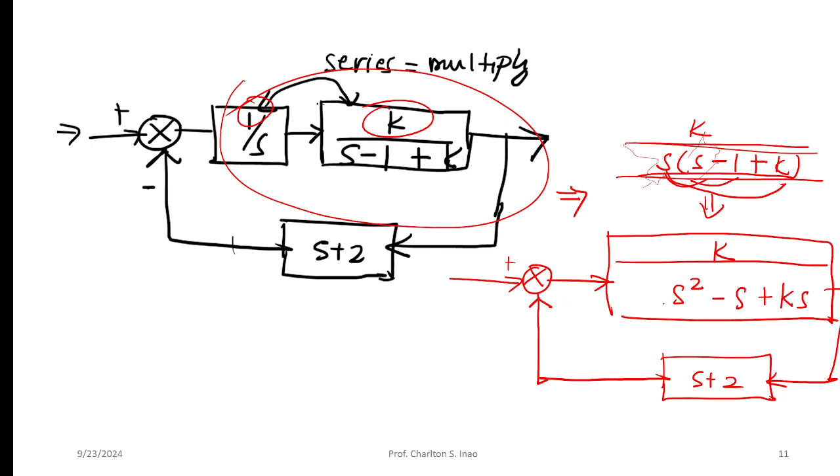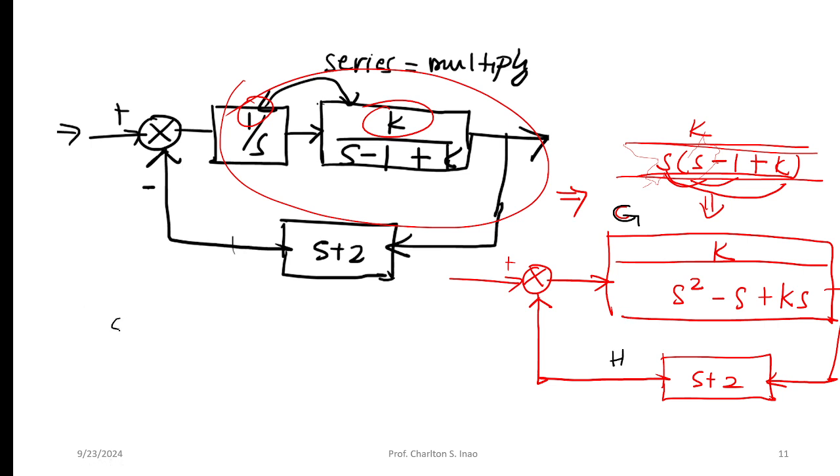Okay. So this is it. K over S squared minus S plus Ks over S plus 2. So this whole thing becomes G. This is the H.